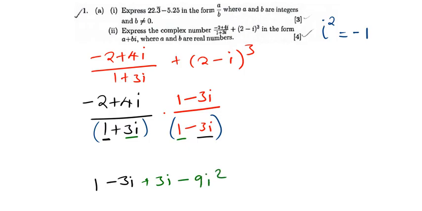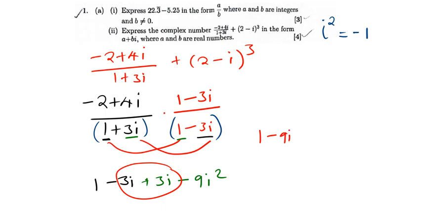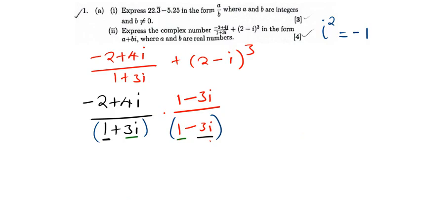So you see that the middle part is actually cancelling out, right? So it's just as good as multiplying 1 times 1 and then 3i times negative 3i, which will just be 1 minus 9i squared. So that's what we do when you're multiplying the conjugate of a complex number. So in short, we just have 1 minus 9i squared for the denominator.